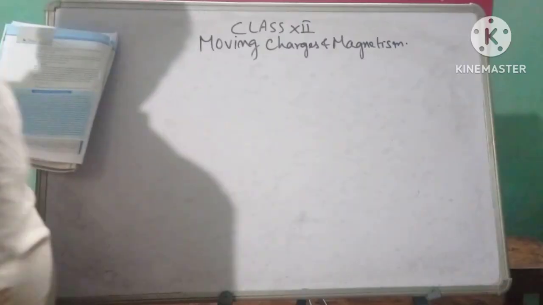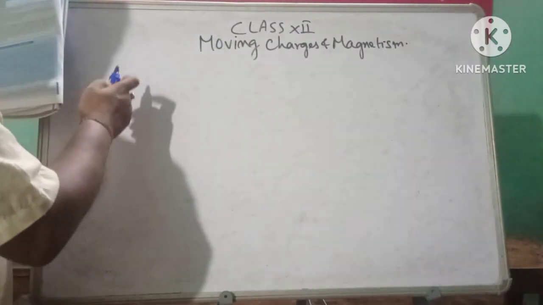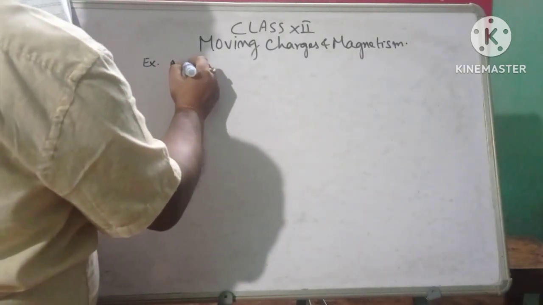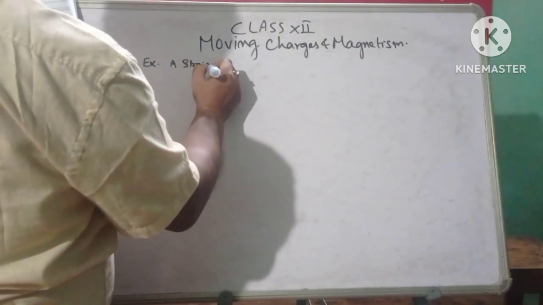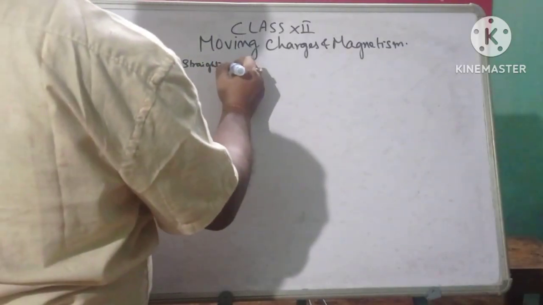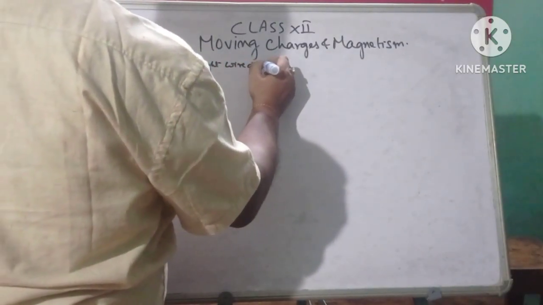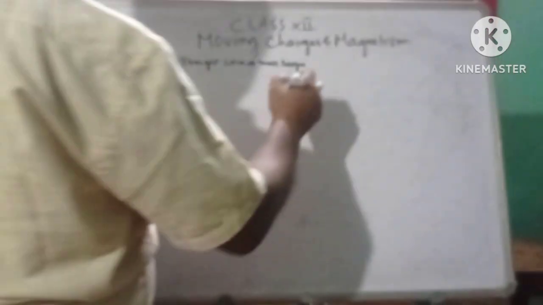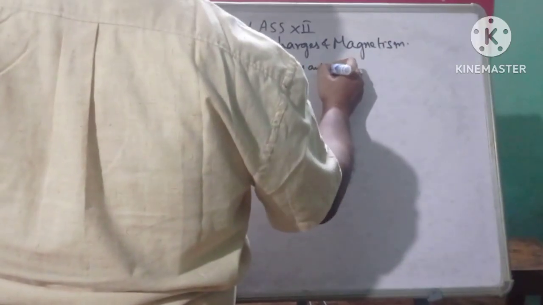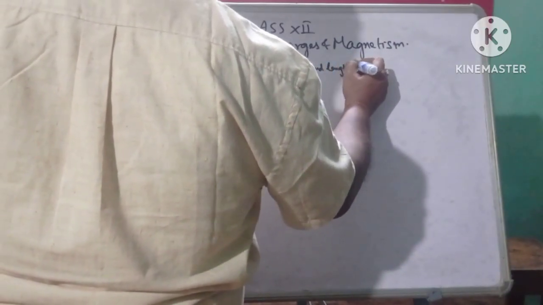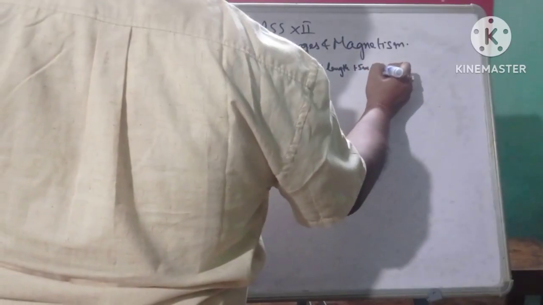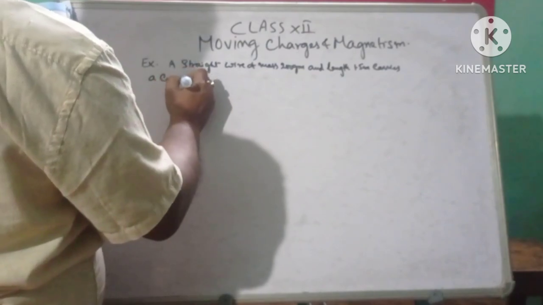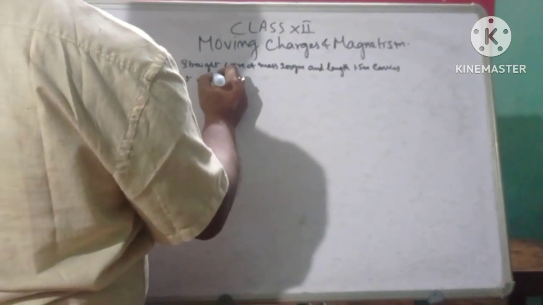Here the example is taken from your textbook. A straight wire of mass 200 gram and length 1.5 meter carries a current of 2 amperes.